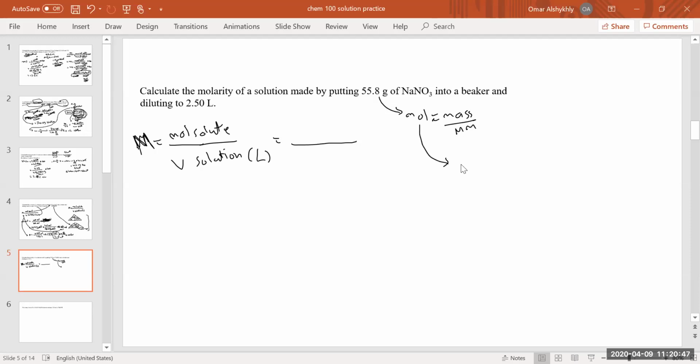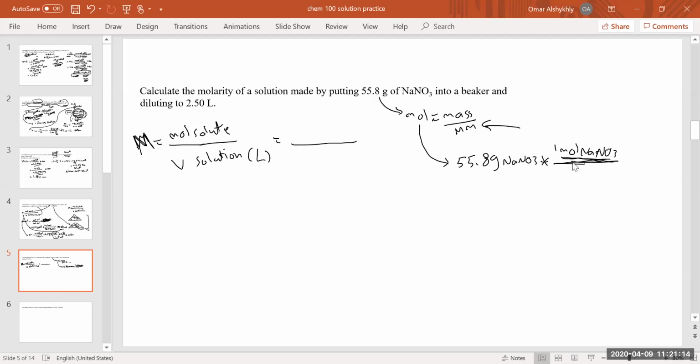Now, we will have 55.8 gram NaNO3 times 1 mole in the top. Guys, because it's dividing, you will make it 1 mole in the top here.